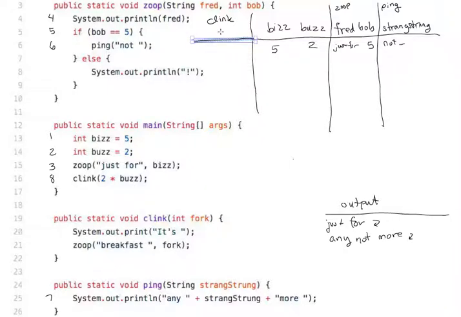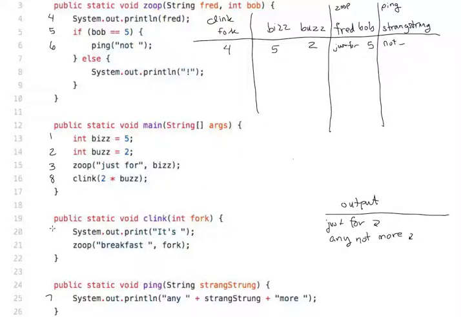Okay. For Clink, I'm sending in 2 times buzz, so that means I have to go up to buzz and say, okay, that's 2 times 2 is 4. So for fork, I'm sending in a 4, because I take this 2 times 2, 4, and that 4 flows into fork when I call Clink.